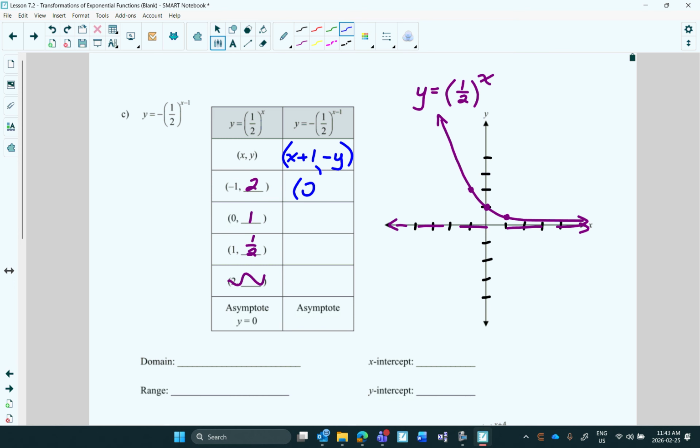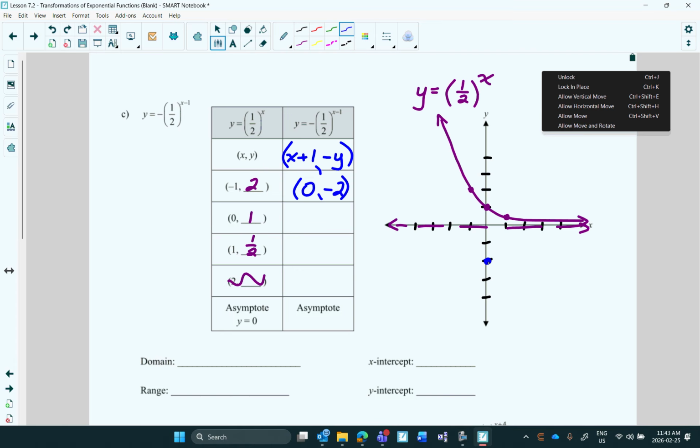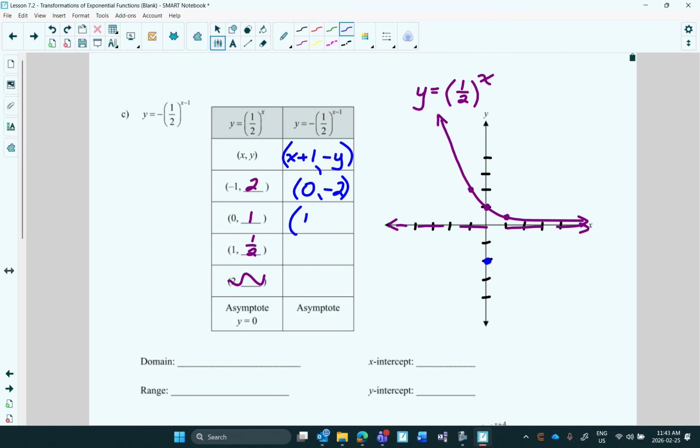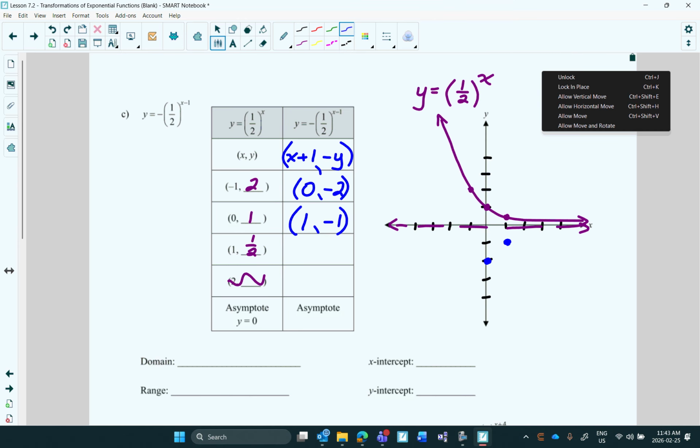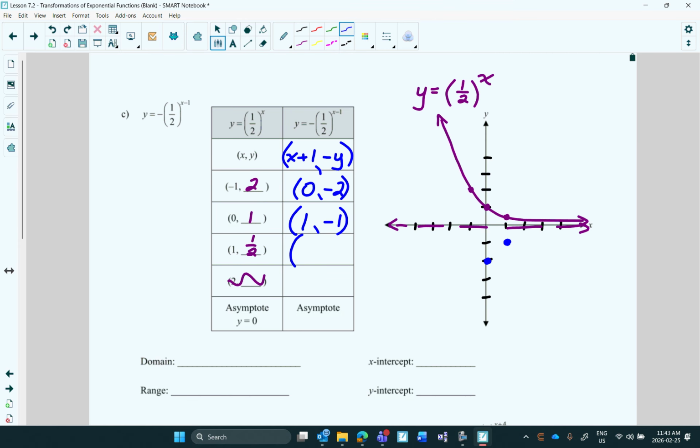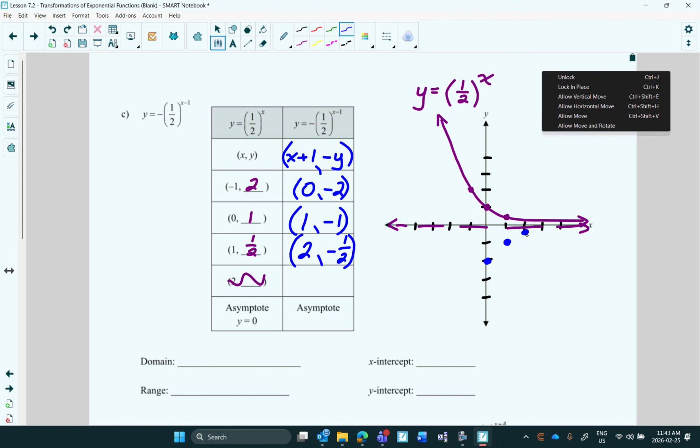So this gives me 0, negative 2. This gives me 1, negative 1. This gives me 2, negative 1/2. You can see, and you should be able to see what the curve does.